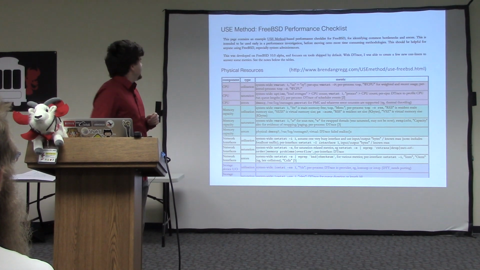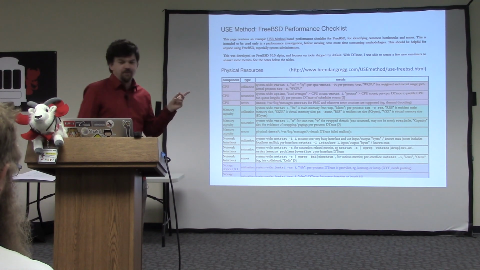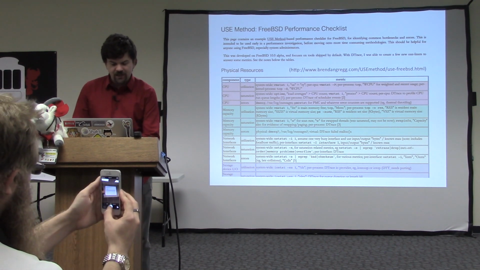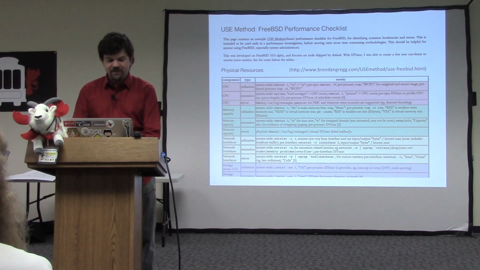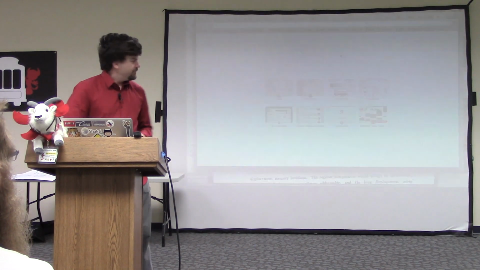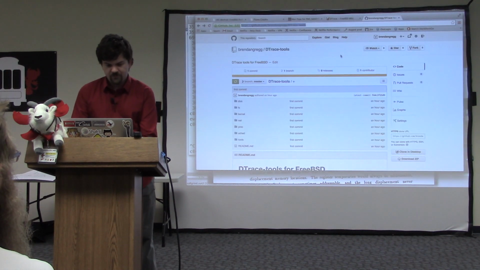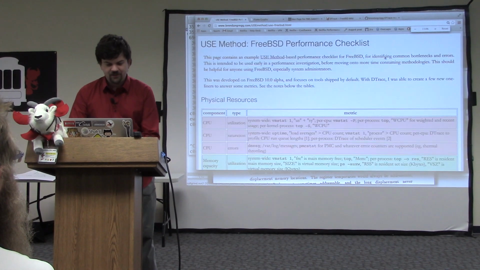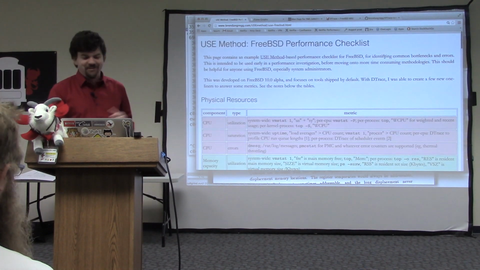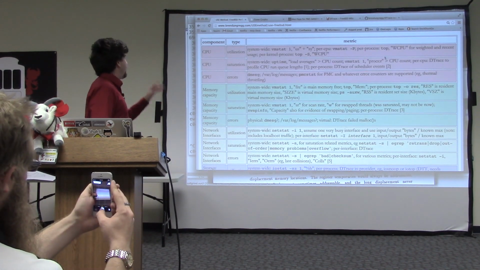For the USE method, I have come up with a FreeBSD performance checklist, which I have online. It's very long, and you can print it out, so it looks like this. You can print it out, stick it on the wall, or you can improve it actually, because I'm sure I've probably messed something up.